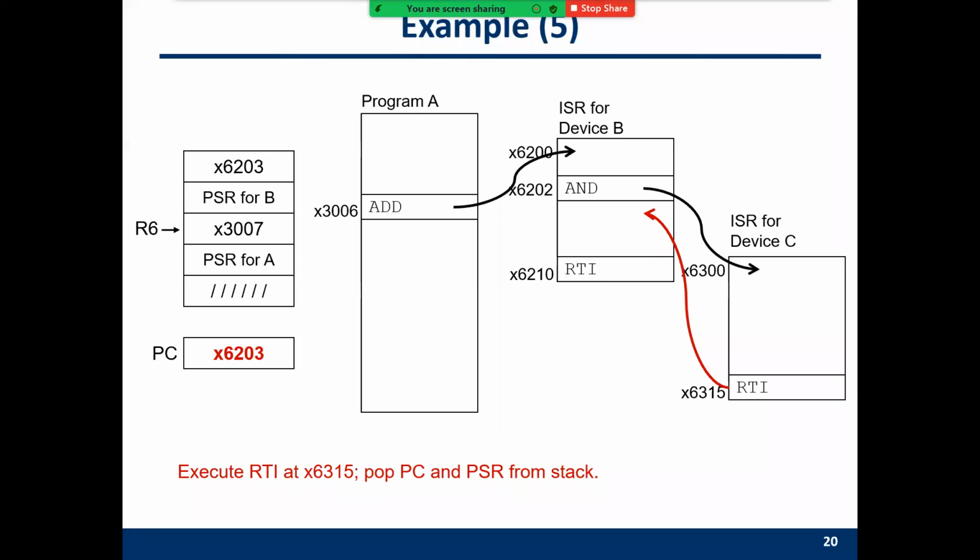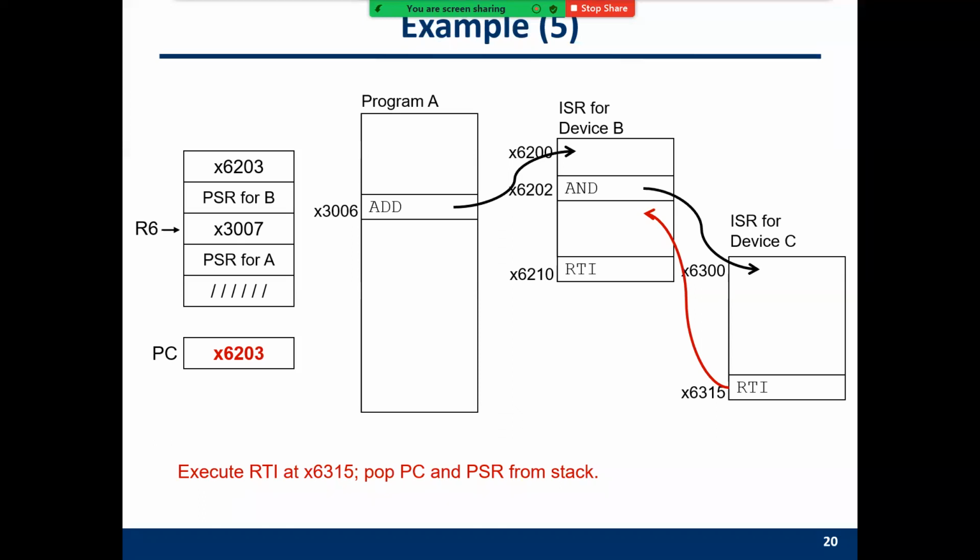And during this routine, there can be another interruption sent by device C, and the CPU can go to this routine in the middle of this meeting for device B. So after this routine is completed, the CPU will go back to the previous routine.